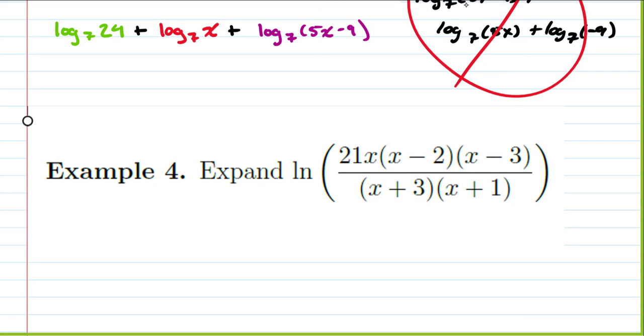So how many factors are there present inside of this logarithm? Yeah, 6, right? We've got the 21, we've got the x, we've got the x minus 2, the x minus 3, so 1, 2, 3, 4 in the top, so in the numerator. And we have two factors, the x minus 3 and the x plus 1 in the denominator. So that's a total of 6 factors.